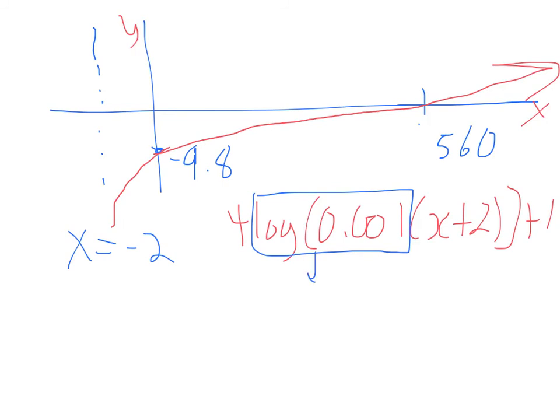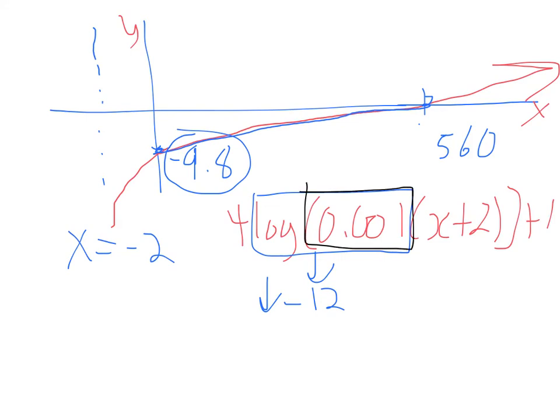So that really is a shift down by 12, and that's why the y-intercept is way down here at negative 9.8. It also gives the curve a lot more room to grow before it crosses the x-axis. But there's another consideration as well, and it's related to equivalency.